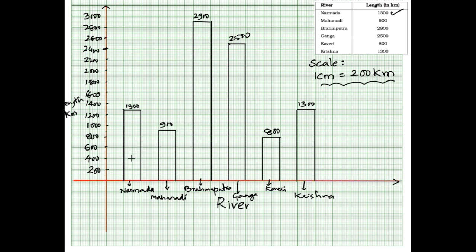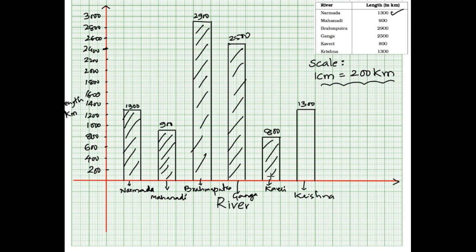Very important thing you must notice, these bars which are mentioned, these bars are having equal space between them. Let me highlight the bars here. These bars, they are having equal spacing between them. That is how we need to make the bar graph.